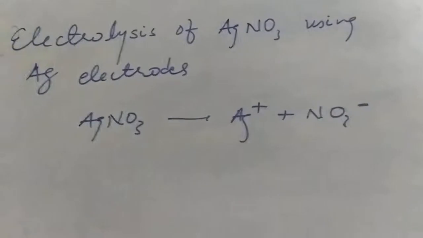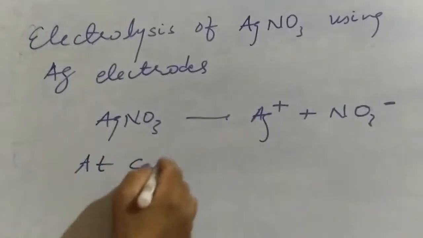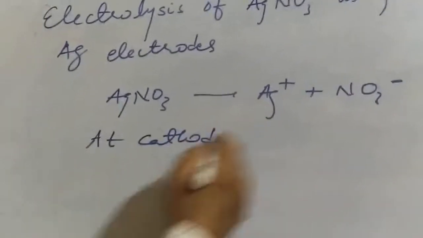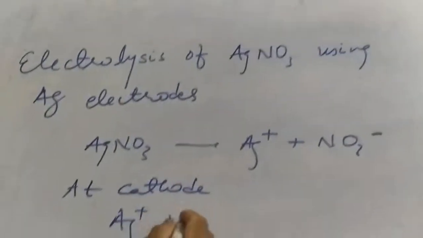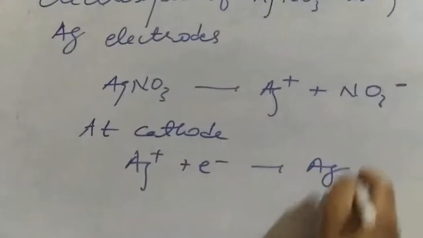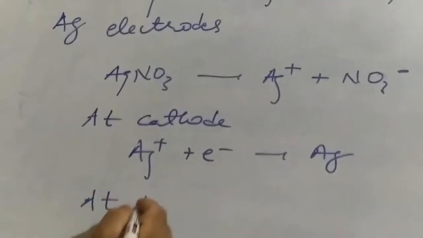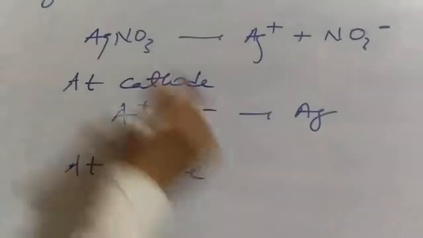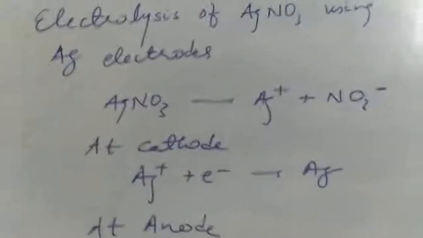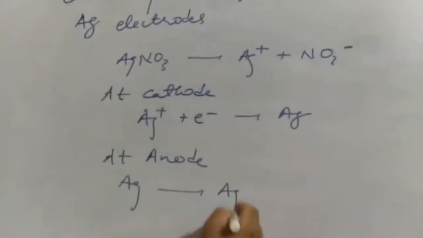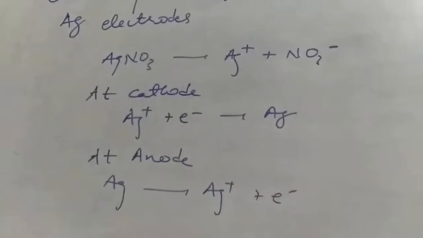Now at cathode, Ag plus ions capture electron and Ag will be reduced. But this time at anode, your silver electrode is going to oxidize, and that is going to participate in a reaction.